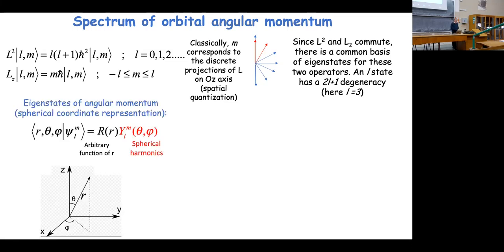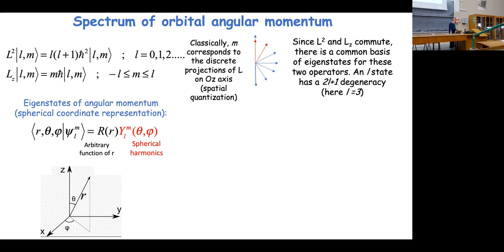Now, it's also interesting to say a few words about the eigenstates, that is, the wave function. What is the wave function associated to an eigenvalue of L and m? It is interesting to describe these eigenstates not in Cartesian coordinates x, y, z, but in spherical coordinates, which are called r, theta, and phi.